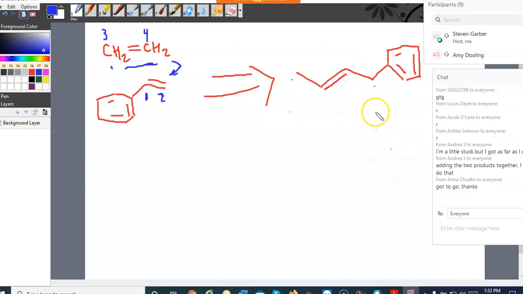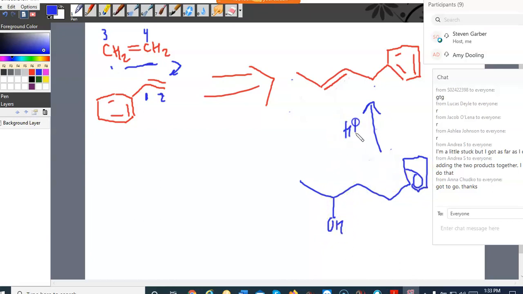Okay, so by going backwards, if I had my alcohol on this carbon right here, remember, when you eliminate an alcohol, it follows Zaitsev's rule. So if I have the OH right here and add acid and heat, I can either go this way to make the double bond or this way to make a double bond. But based on Zaitsev's rule, I'm going to get the more substituted position.